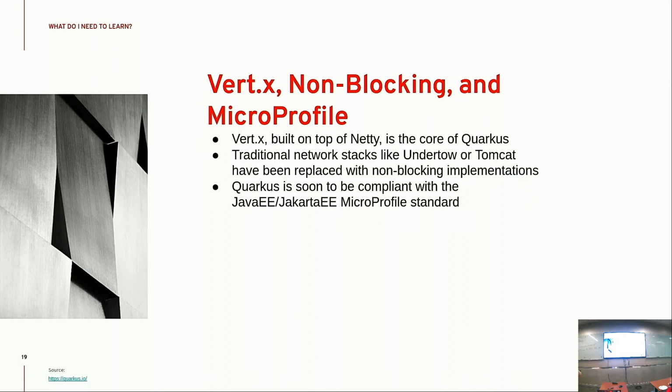I can talk to you about it for days because I absolutely love Vert.x, but we won't go there. But suffice it to say, anything you write in Quarkus automatically gets the advantage of being non-blocking, asynchronous, and very lightweight, because we've swapped out most of the underlying portions of these frameworks with Netty and Vert.x.